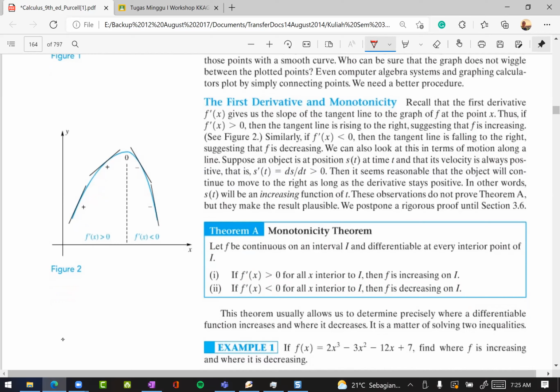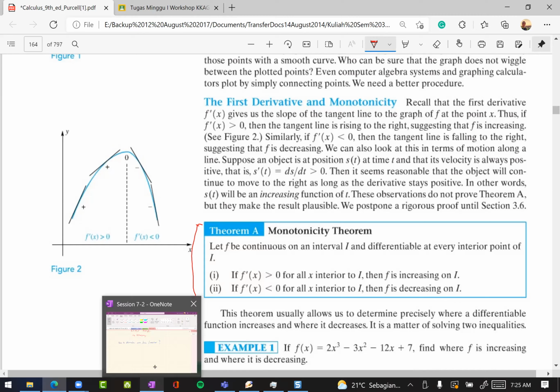So by determining the sign, we know how f behaves around that point, whether it's increasing or decreasing. We'll postpone the proof for this one. Evident. So it works both ways. This is theorem A. Let's go back to the notes.